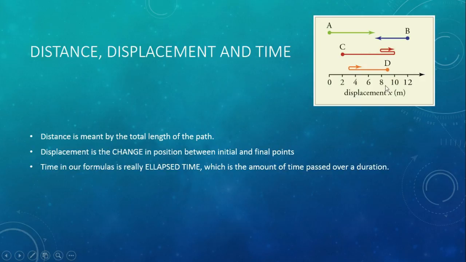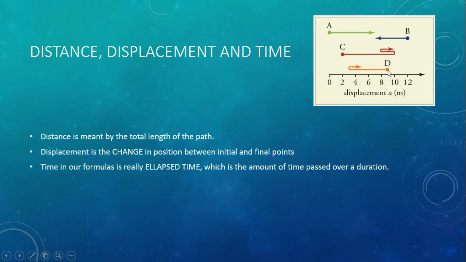So the total distance traveled is 2 to 10, which is 8 meters, then back 2, and then forward 2. So it traveled 12 meters total, but the displacement, or the change in position, is only 8 meters because it's from 2 to 10. So that's the difference.